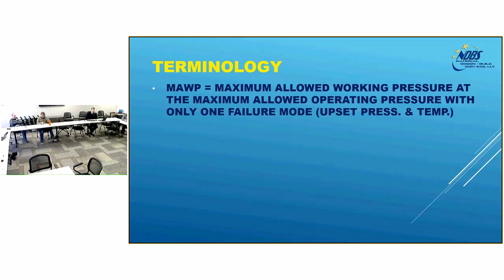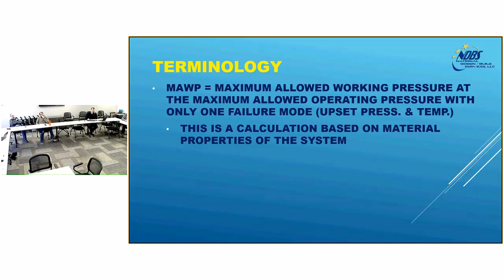So maximum allowed working pressure of a vessel or of a system is dependent upon the process itself. What you do not consider when determining your MAWP is a fire or an explosion that may occur around the pipe. That's not typically considered.